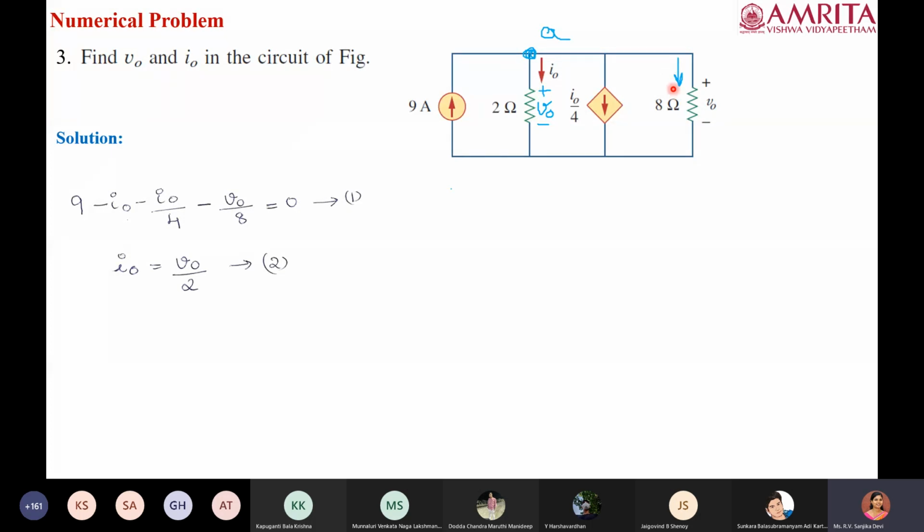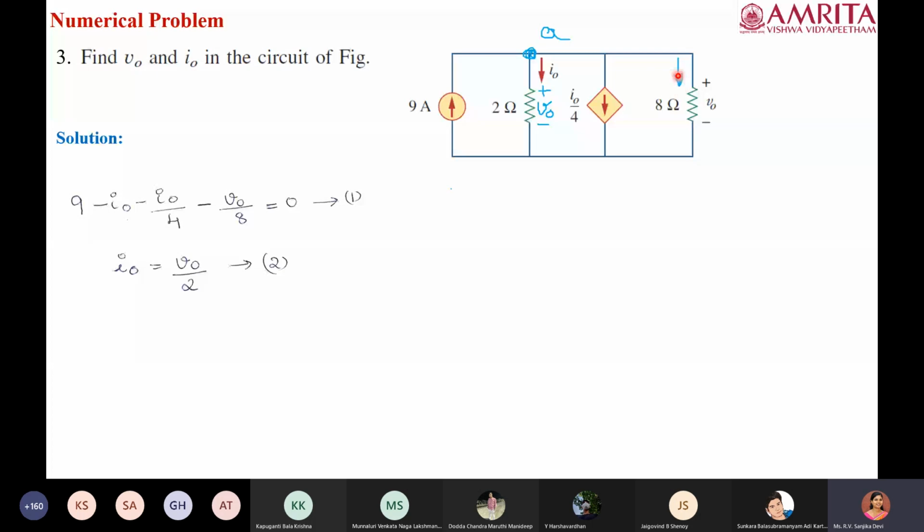Current will vary in the parallel connection. Yes, ma'am, got it. So it has a different current so that the total voltage remains the same. V0 has to remain the same across the parallel branches, but the current will vary. So the current flowing through the 8 ohm is not I0. You have to keep that in mind. The current we do not know. Only after we compute V0 will we know the current flowing through this.